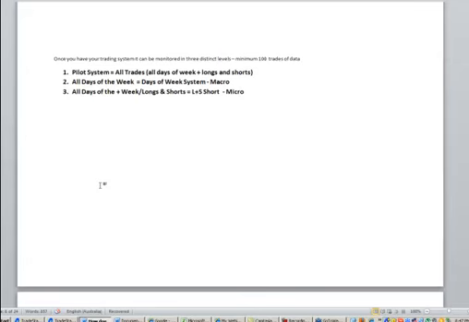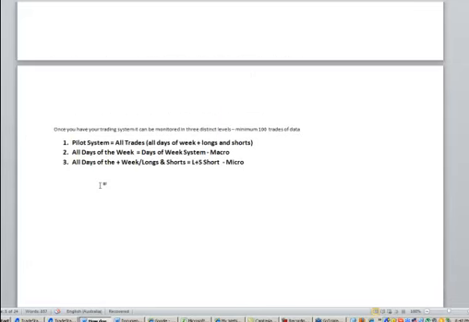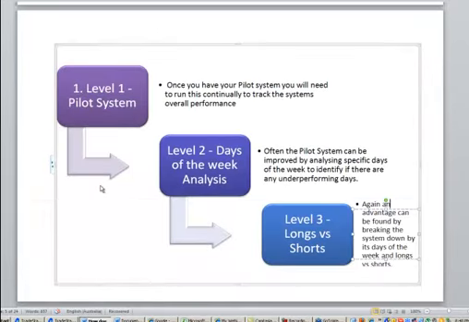Anyway, we'll push on. So what I want to discuss is the fact that we have a pilot system, and these are the three phases that we can look at. Once we've got our pilot system, which is basically our system with our currently best settings, we can then go into what I call three phases of looking at your system. So you've got level one, which is your pilot system.